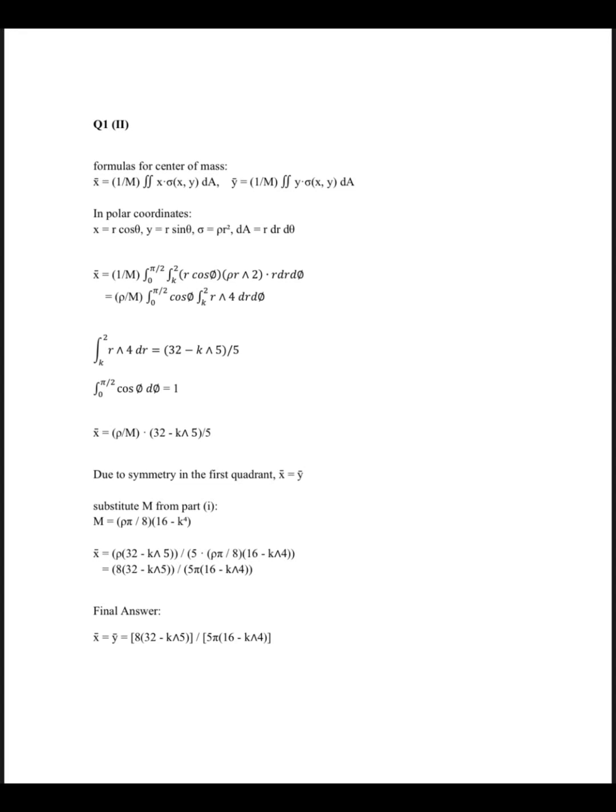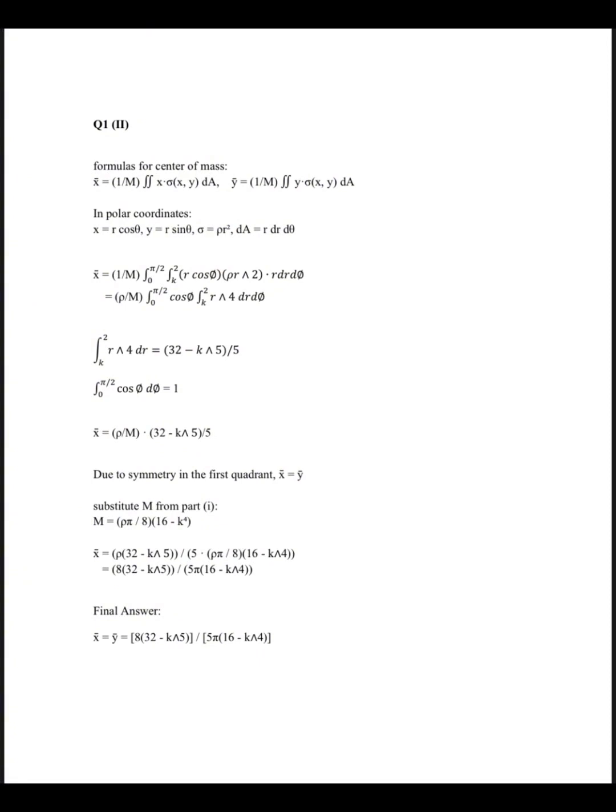Then we solve the integrals, and we get 32 minus k to the power of 5 over 5 for the r integral. For the theta integral we get 1. So x equals rho over m times 32 minus k to the power of 5 over 5. Then we substitute the value of m, which was found in part 1.